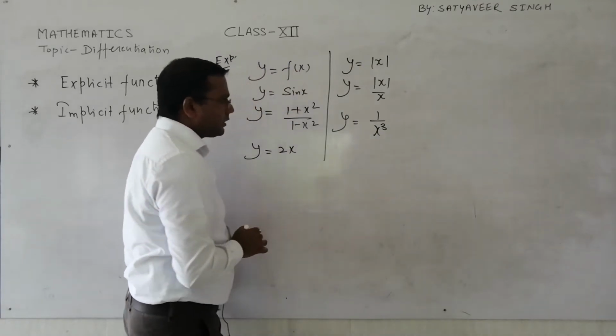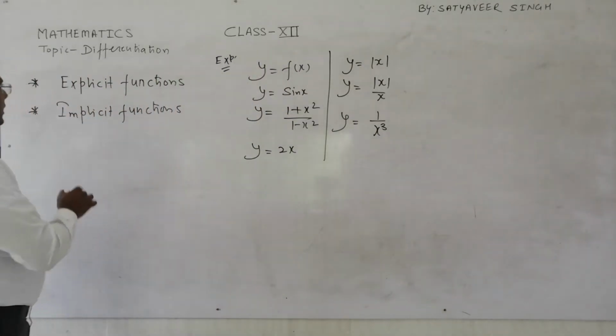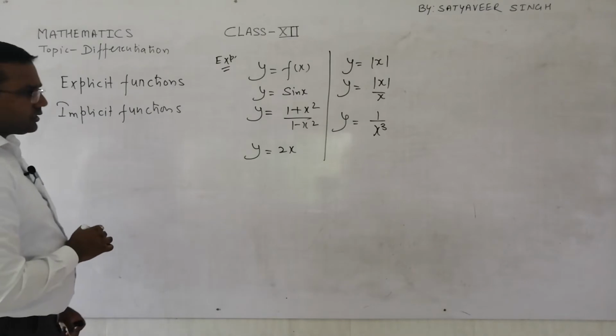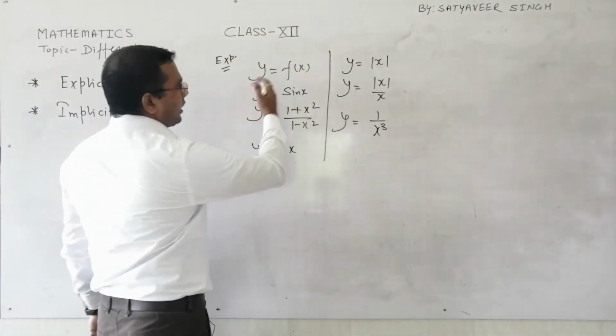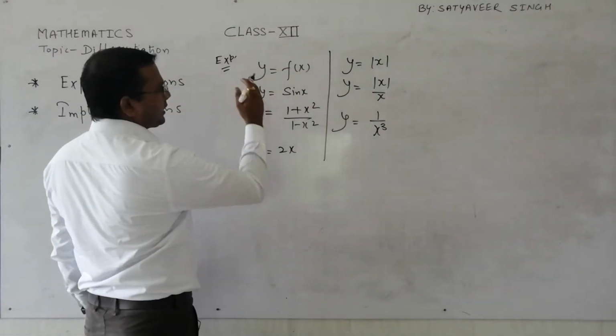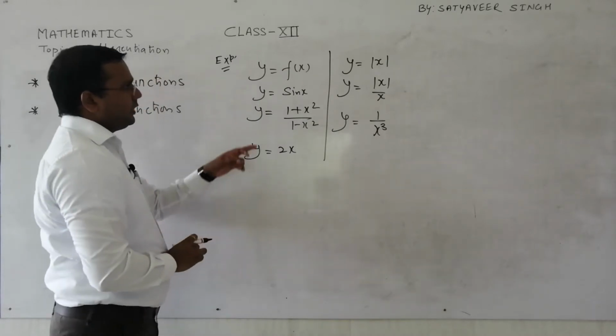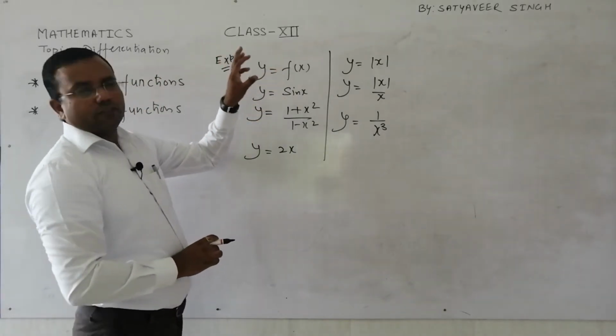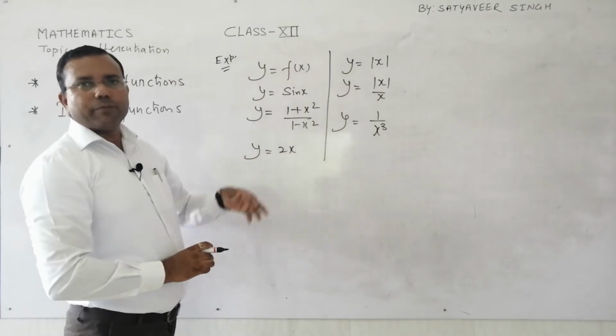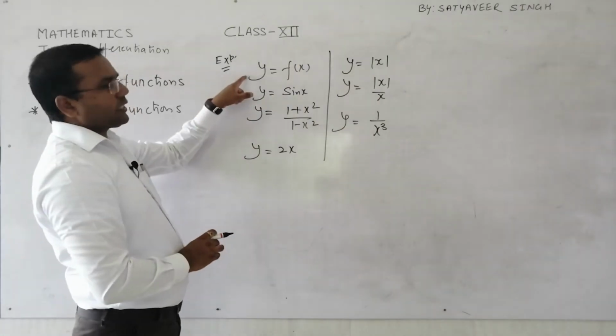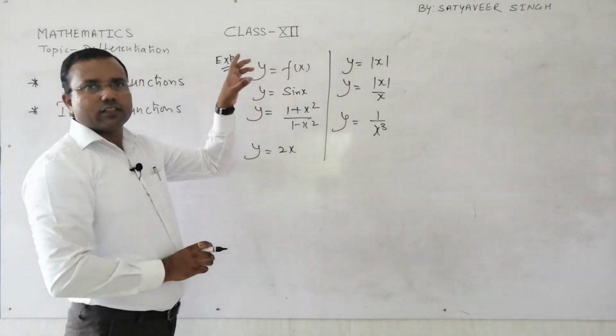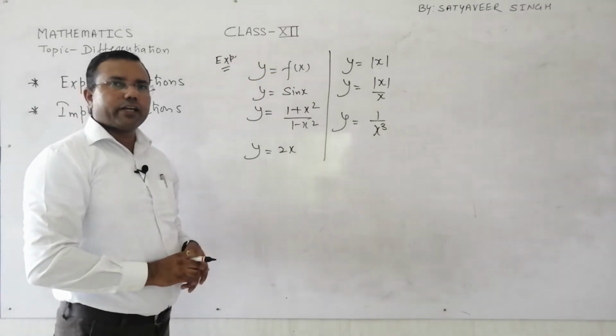These all functions I will say are explicit functions, because directly we can represent the relation between x and y, meaning we can express the given function in terms of the independent variable. Y can be expressed directly with the help of the independent variable.